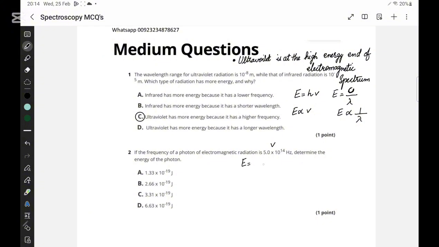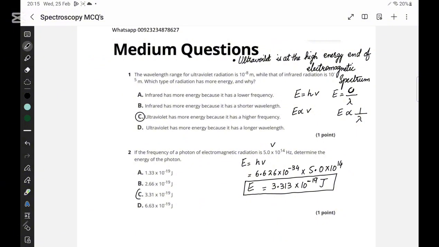So energy is equal to h nu. h has a constant value 6.626 times 10 to the power minus 34 times the frequency, that is 5.0 times 10 to the 14. The answer comes out to be 3.313 times 10 to the power minus 19 joules. So this is the value of energy, and the right option is going to be C.